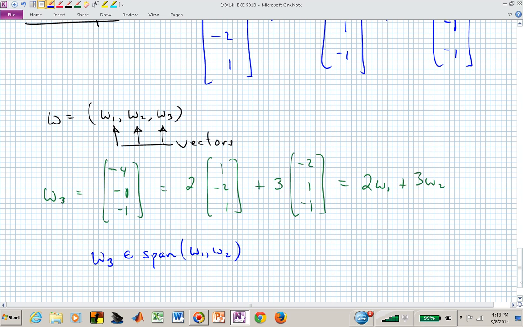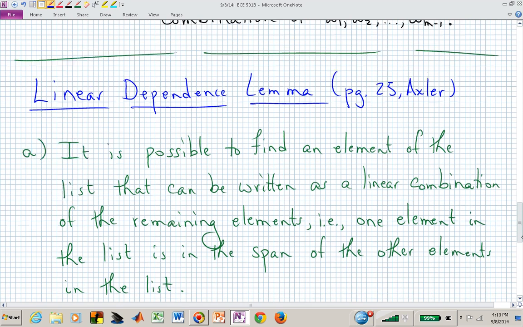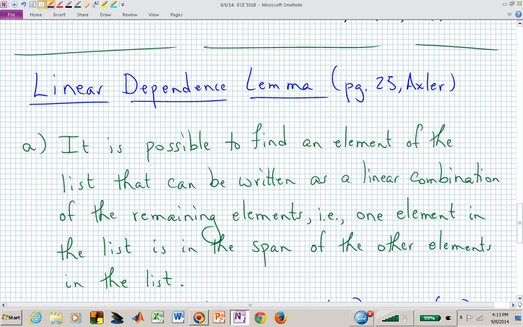That's the first part of this linear dependence lemma: that you can write at least one of the vectors in your list, if this list is a linearly dependent list, as a linear combination of the other vectors in the list.